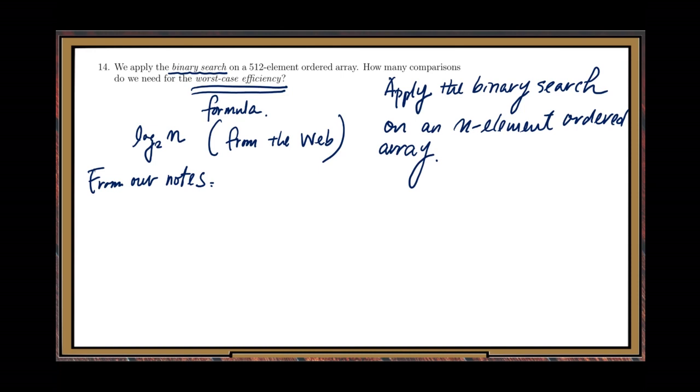Remember, we use this notation, K max, the maximum number of comparisons, that's for the worst case. But there are two equivalent forms. One is the ceiling function of log base 2 of (n plus 1), the first one.